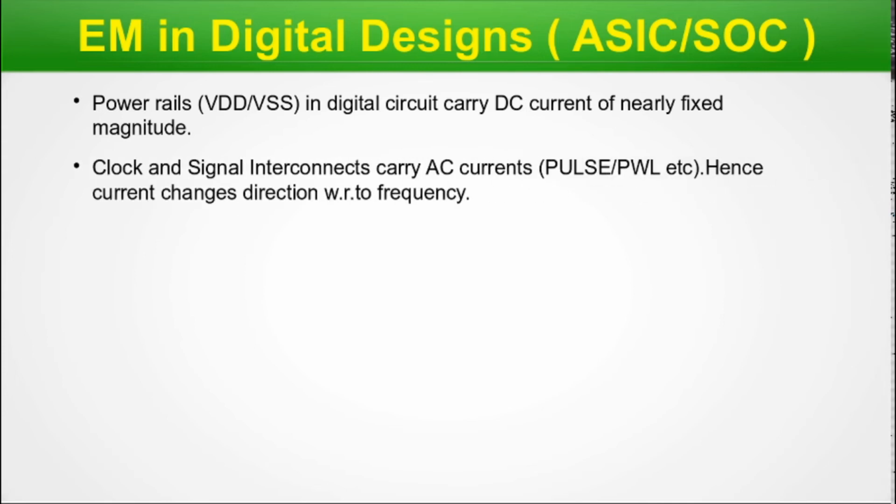And this is the most important point in a digital design: clock and signal interconnects carry AC currents, meaning like pulse or PWL. Hence the current changes direction with respect to frequency.